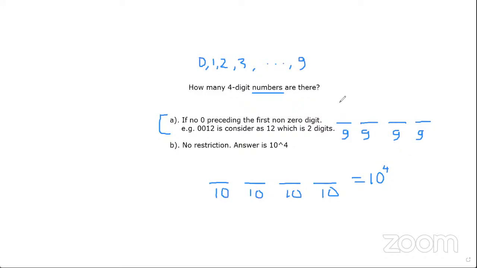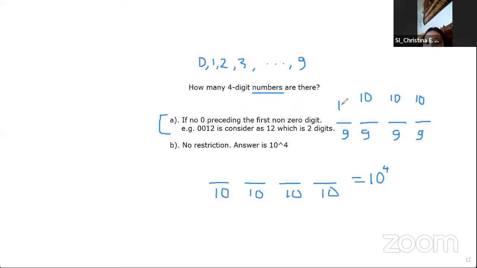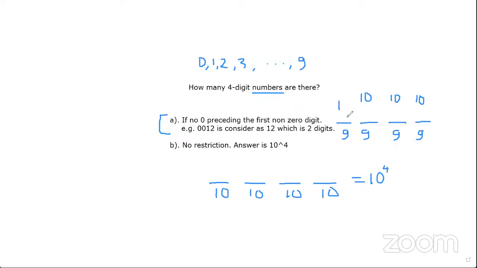Because, for example, if you put 1 here, for the second place there are still 10 possibilities. This one is also 10 possibilities. This one is also 10 possibilities. You understand what I mean? Yes, I understand, sir. If you have non-zero at the front, then the second, the third, and the fourth places can be anything. You can put 0 there too.